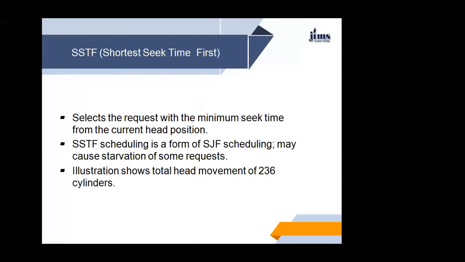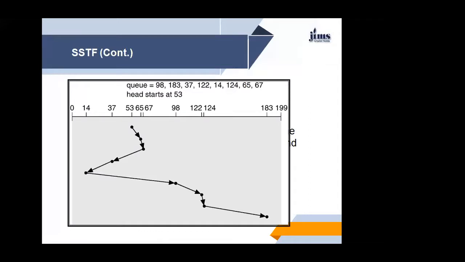And when we do this, you will see that the total head movement in SSTF would be 237 cylinders. Let's see this with the help of a figure. Initially the head is at 53 and the queue has 98, 183, 37, 122, 14, 124, 65 and 67.